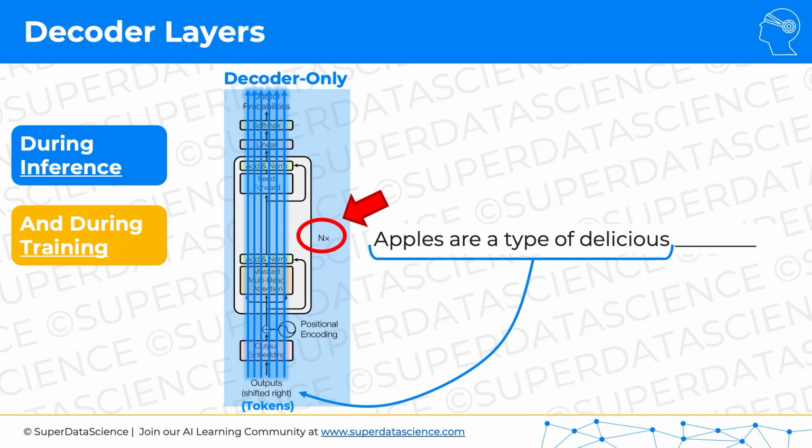These vectors are going through the transformer, but that's not all.